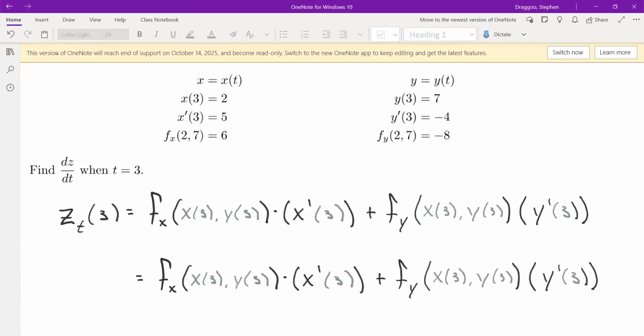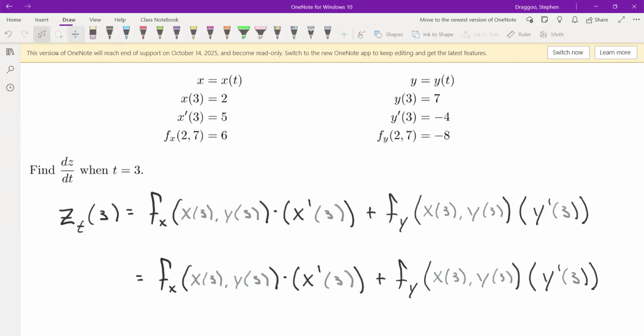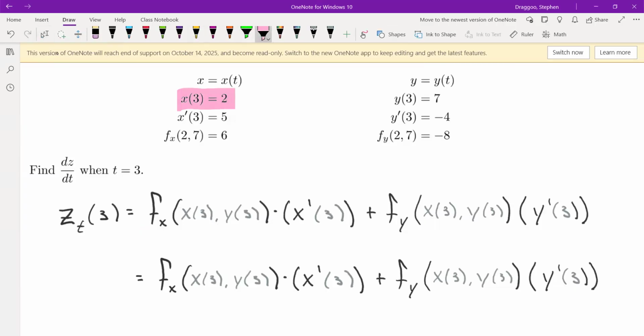So you might have noticed I've got this f partial x of 2, 7 and f partial y at 2, 7 when my parameter was 3 the whole time. So why all of a sudden are we getting two new numbers being plugged into f? That would be because of those two bits right there. x of 3 is 2 and y of 3 is 7, which means plugging into that function f, I'm really plugging in my x and my y numbers for those two.